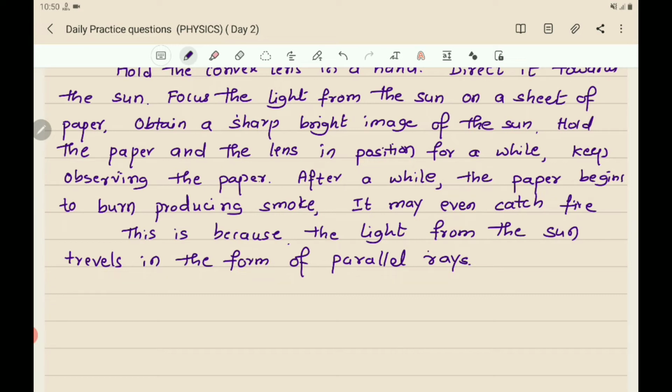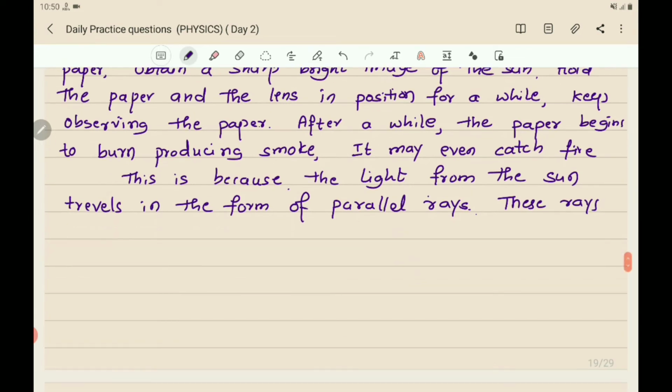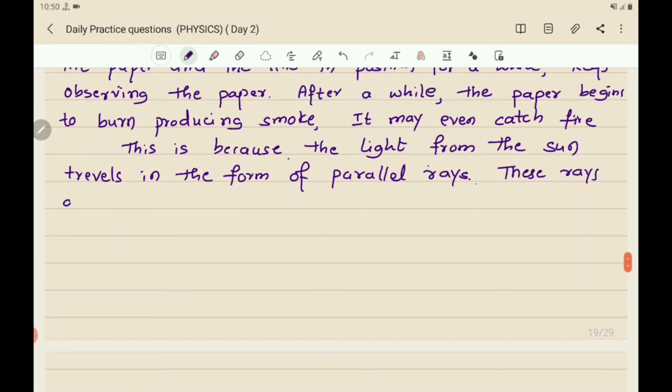These rays are converged by the lens, forming a bright spot on the paper.